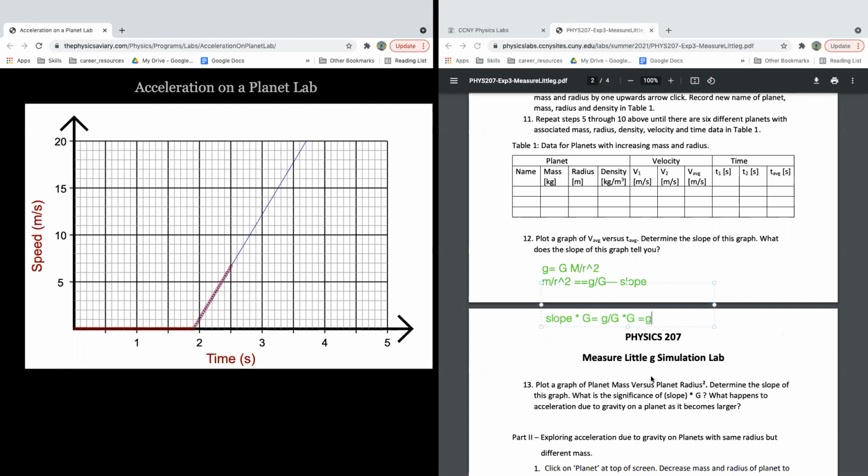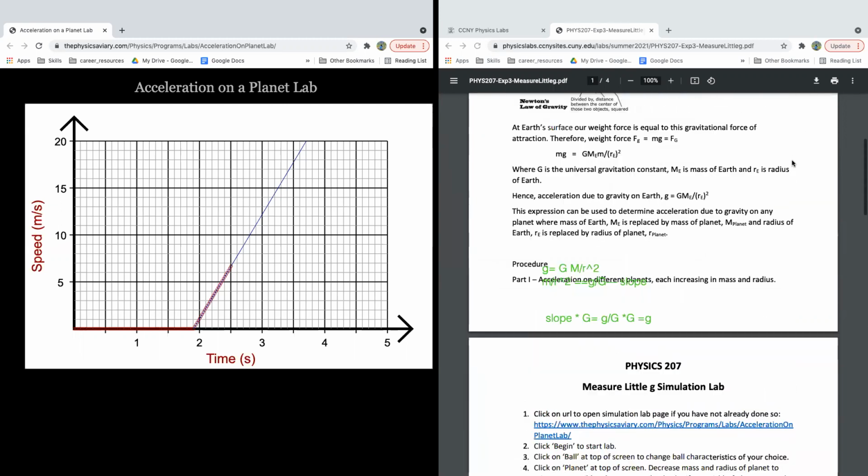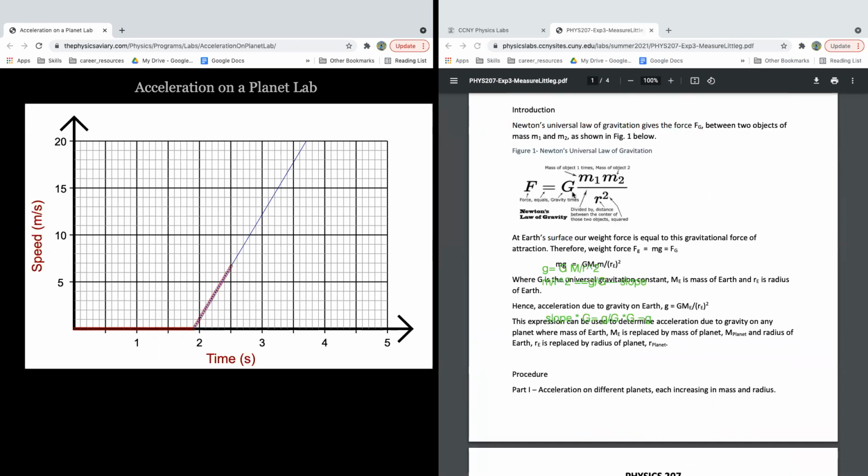So you can see from the original equation. So if we see the gravitational, this is constant.